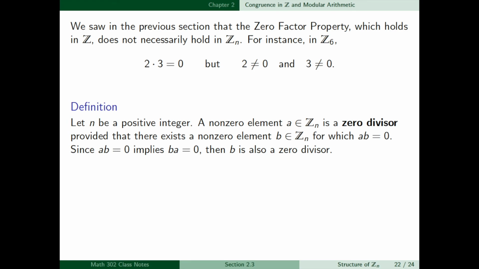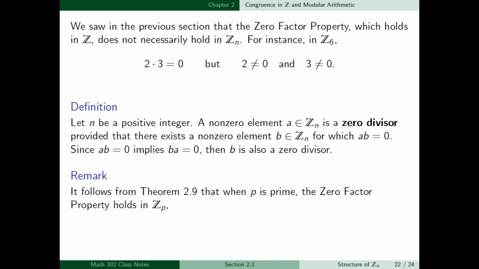So a is a zero divisor means you can find a b for which ab equals 0, and that's going to necessarily imply that b is a zero divisor. Now it follows from theorem 2.9 that when p is prime, the zero factor property holds in Z sub p, which means there are no zero divisors in Z sub p.